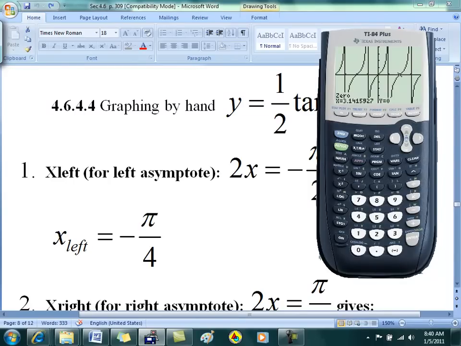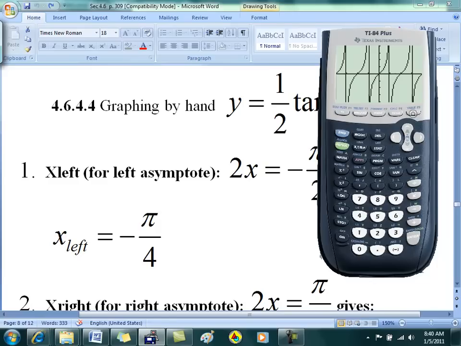And I want to focus on this part of the graph. One asymptote is at negative pi over 2, and the other asymptote is at pi over 2.